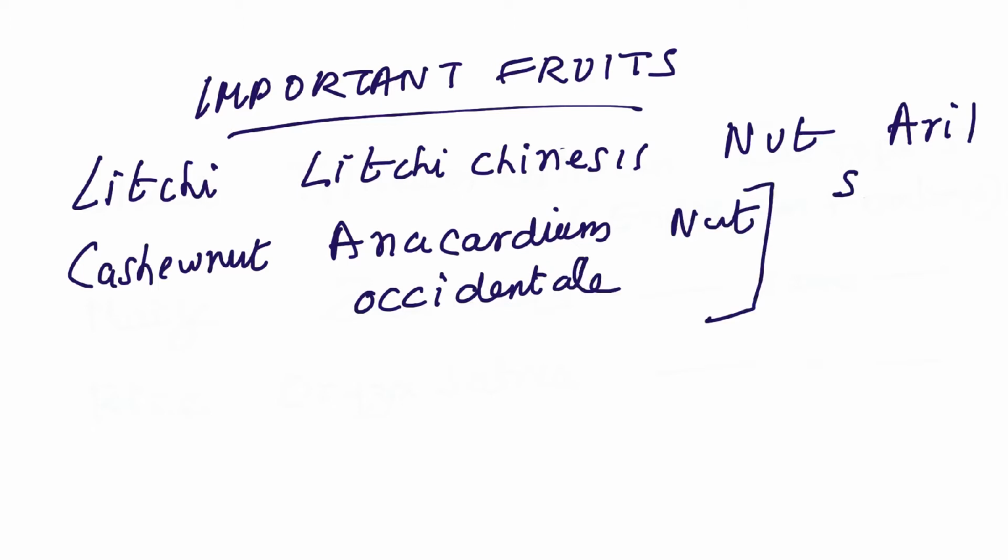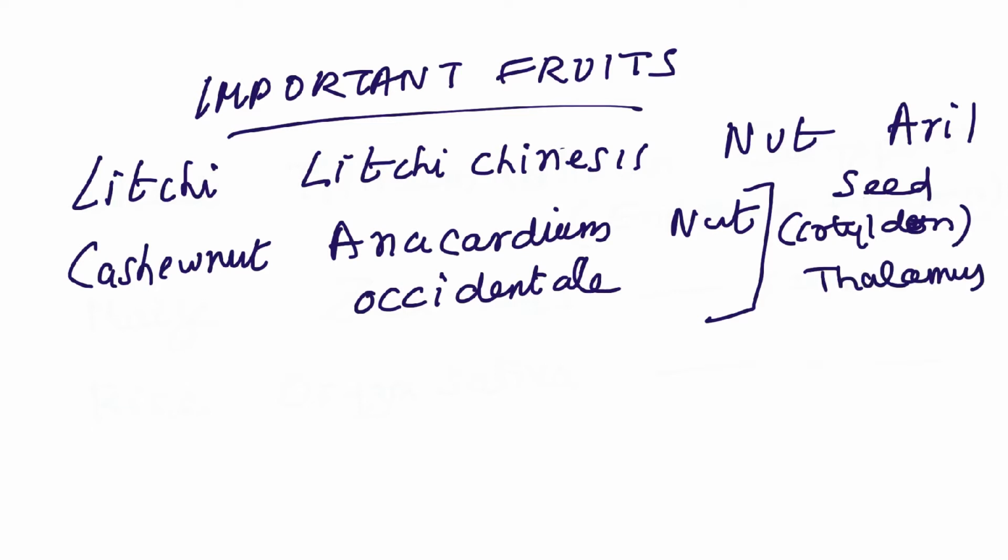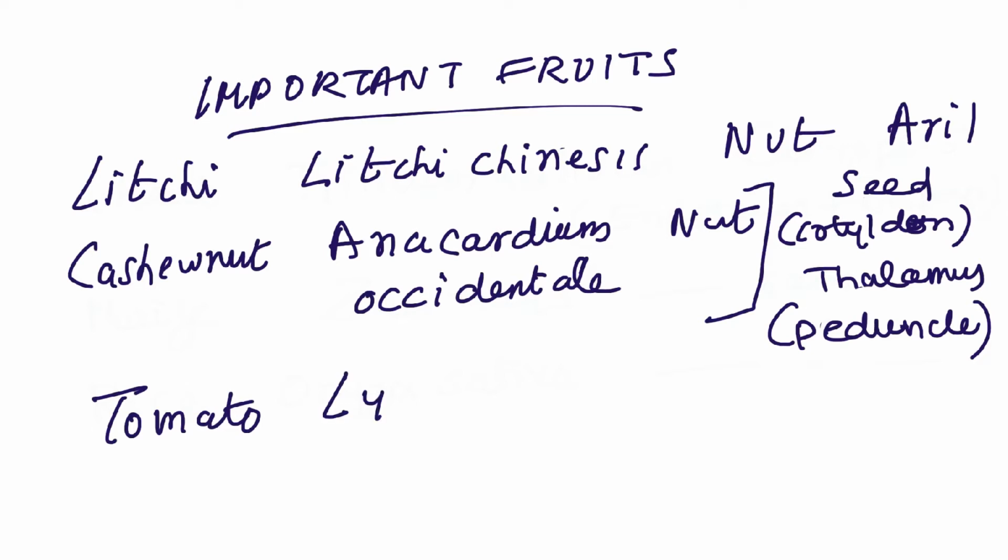And interestingly, here we have two edible sections, in the sense that you can use the cotyledon, that's also an edible part, and cashew nut has a fruit-like development, which is the thalamus. Basically, it's a peduncle, which is the modified part.